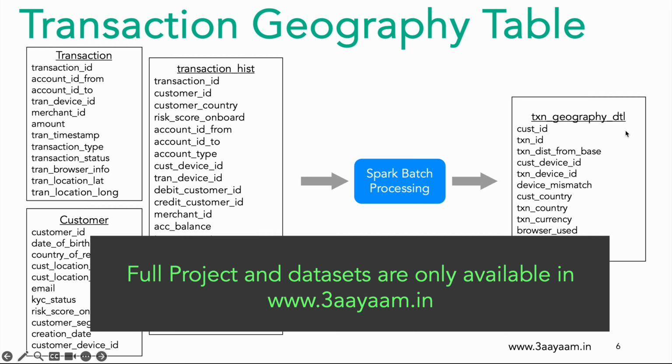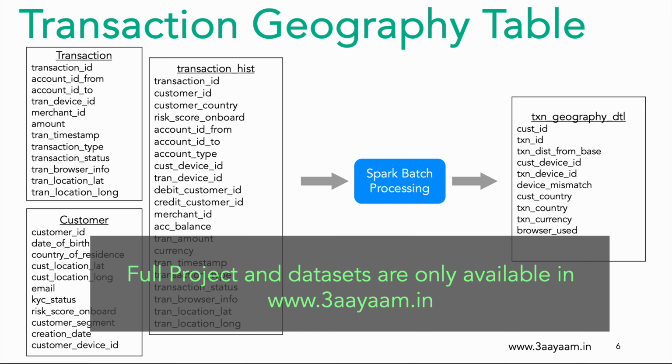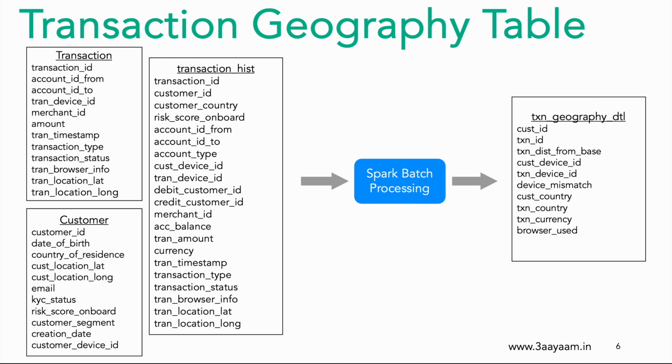And the transaction geography detail table would contain customer ID, transaction distance from base. Now, this is the place where you have to use the Haversine formula or the Haversine module that you created in the previous project. Now, what do I mean by transaction distance from base? You'll see in the customer table, we have customer location latitude and customer location longitude.